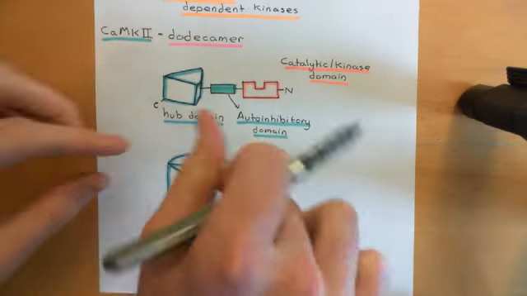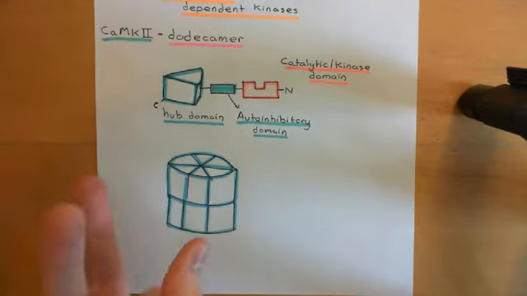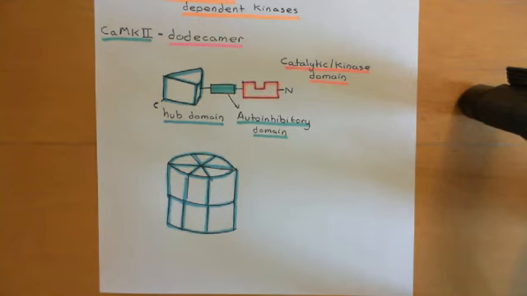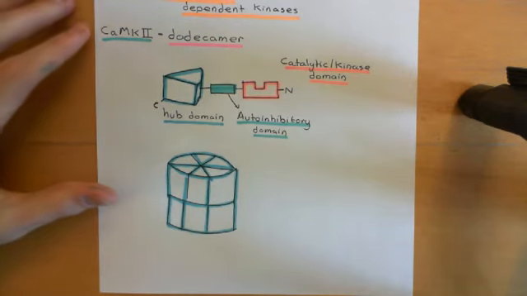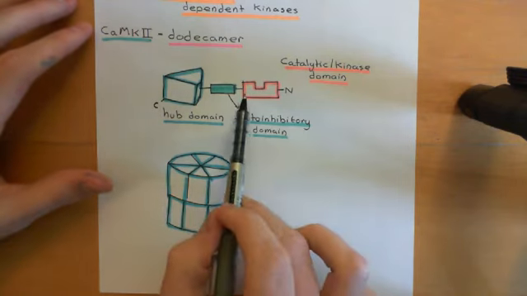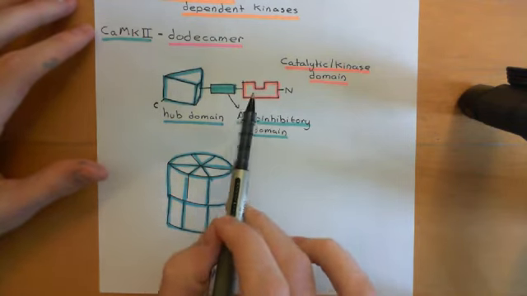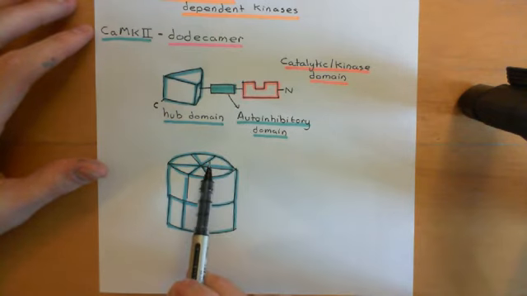So take this one, spin it upside down and then stick it on there, and then you've got your dodecamer. Right, so what I now want to do is show the other portions of the CamKII 2 monomers for a few of these hub domains that we've got.